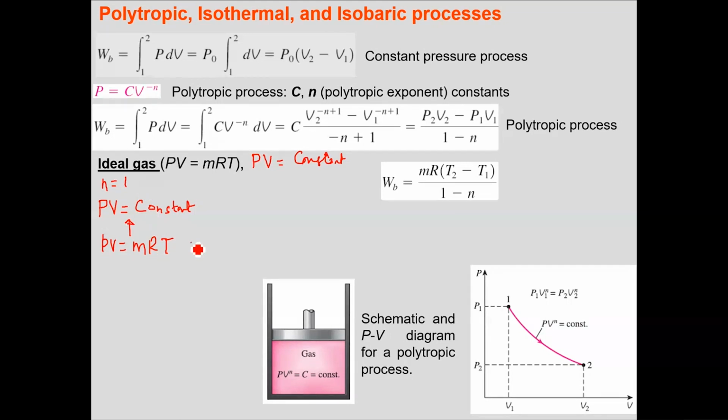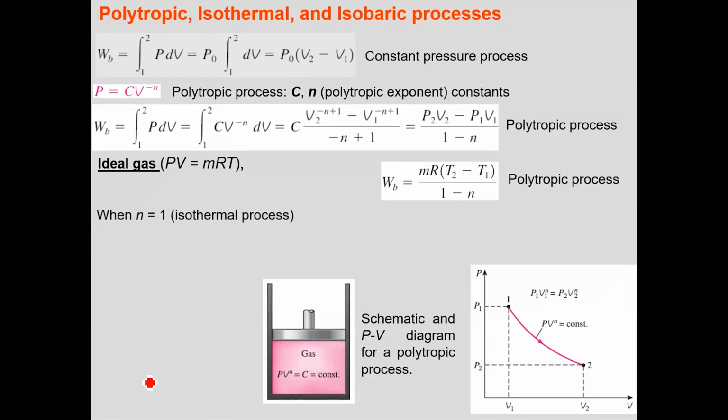So for an isothermal process of an ideal gas, we can say that it is undergoing a PV equals constant process where n is equal to 1. Clear enough? So this means that for an ideal gas, when n is equal to 1, the polytropic process is an isothermal process.